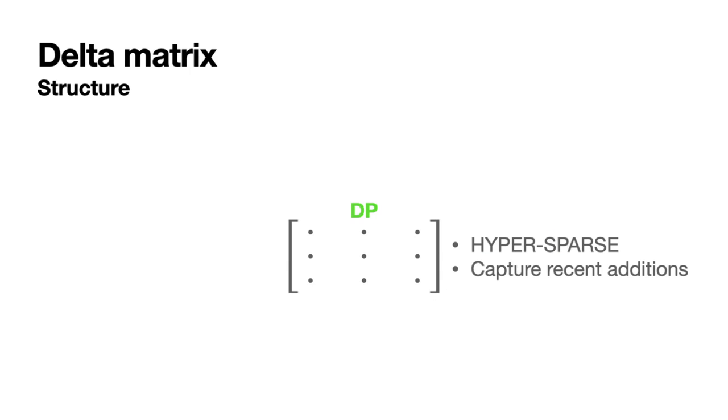Delta plus captures the recent additions, and one thing to note here is that it is not a classic CSR matrix, but we're using a different format here, which is hypersparse. I'm not going to go into the details, but there's an additional array in the three-array representation. Delta minus captures the recent deletions.